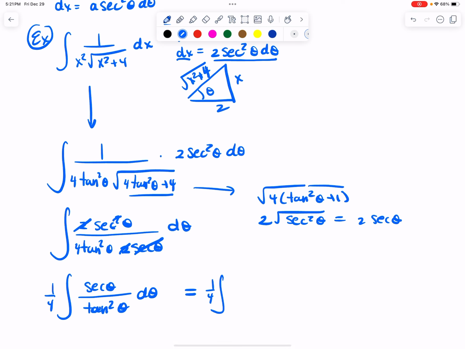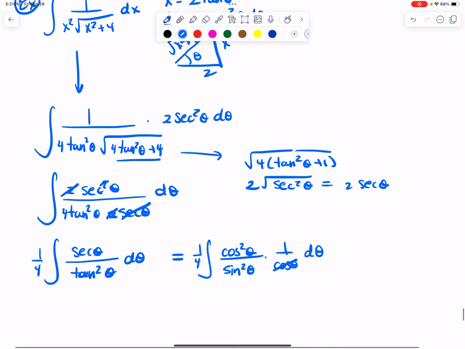So we could write this as, tangent squared is really sine squared theta over cosine squared theta, so 1 over tangent squared, or cotangent squared, is cosine squared theta over sine squared theta, and then secant theta is really 1 over cosine theta d theta. So that cancels with one of those. So now I have 1/4, I'm going to write it as cosine theta over sine squared theta d theta.